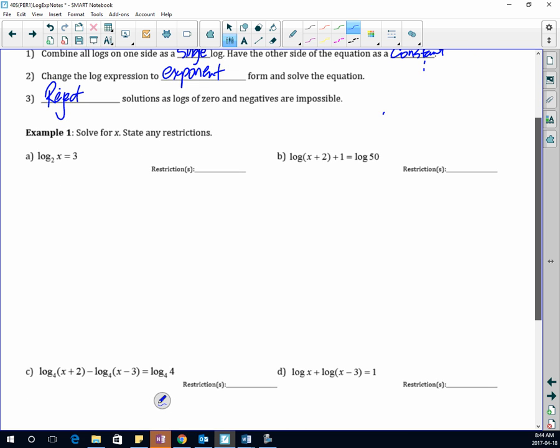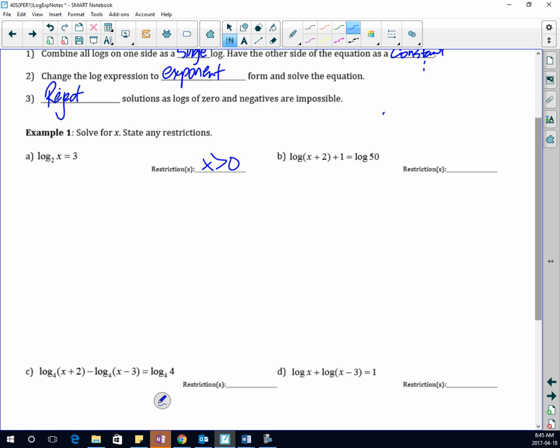Okay, so can anybody tell me the restrictions on x? Yeah, x has to be greater than 0. So we're going to reject anything that will not be greater than 0. So this one's a pretty simplistic one. You probably already solved one like this before.